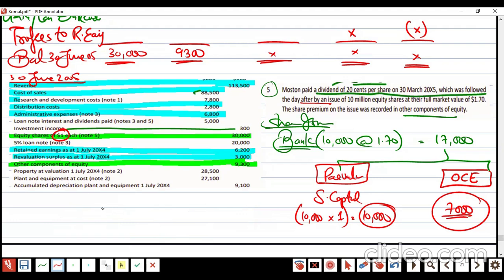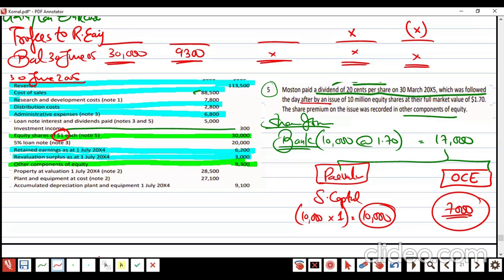Are the new shareholders entitled for the dividend or not? A dividend is given on the shareholders at the end of the year. Does this dividend pertain to the current year or the previous year? This dividend is paid in between this year.